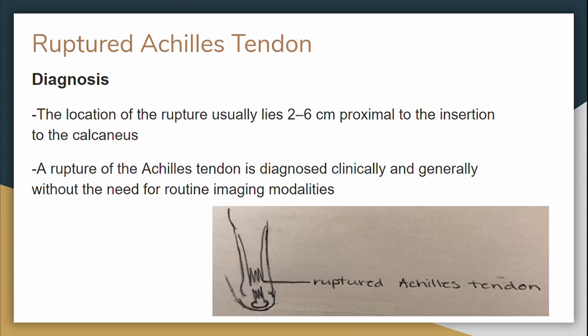The calf squeeze is an example of a clinical diagnosis, as well as a palpable gap along the course of the tendon and decreased plantar flexion power, all clinical diagnostics of an Achilles tendon rupture. In complex situations where clinical diagnoses are inconclusive, ultrasound or MRI may assist in the diagnostic process.